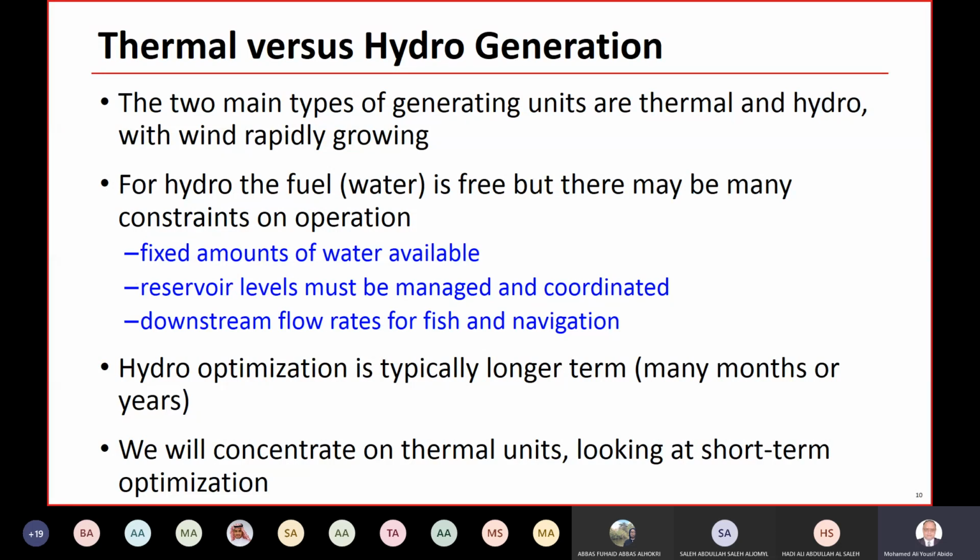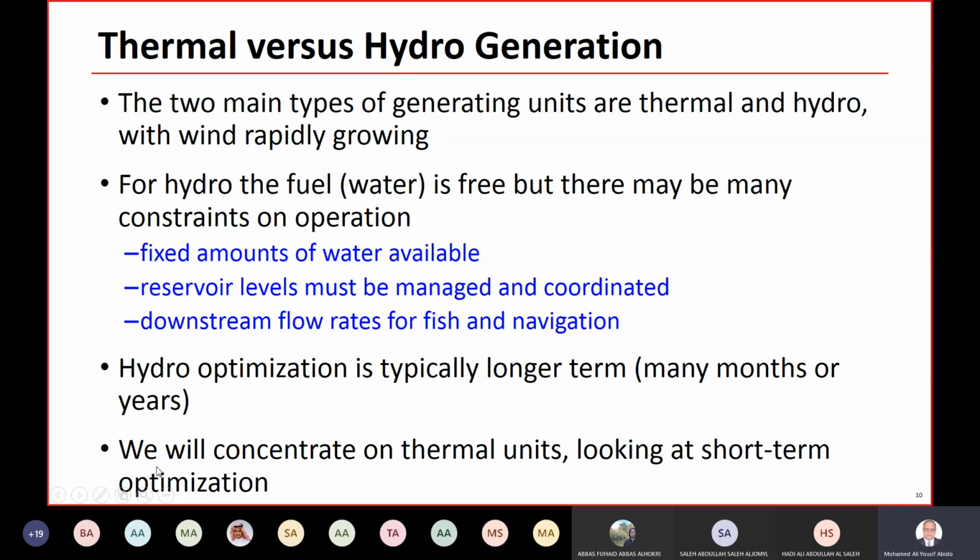Downstream flow rate for fish and navigation. Also, you need to have some flow for fish and irrigation and farming and so on. Hydro optimization is typically longer term, many months or years, because you expect how much rain you will get this year and so on. So this is long term planning, let us say.